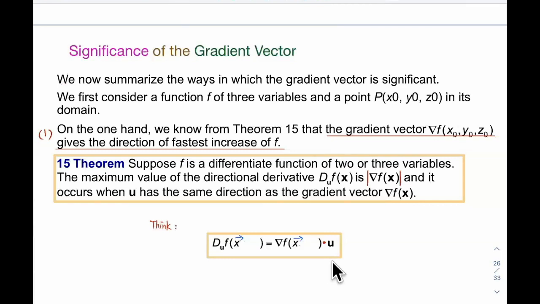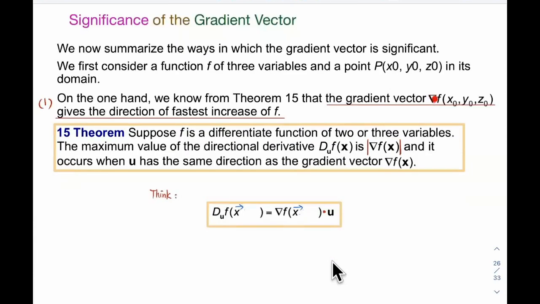All right. How about Isaac? Could you read from here to maybe to here? Suppose f is a differentiable function of two or three variables.